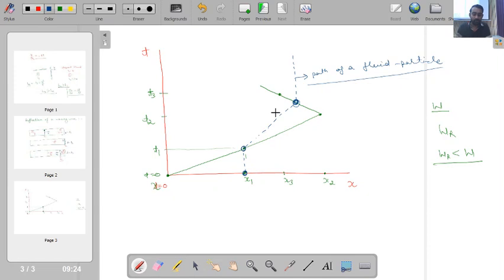Similar thing you can apply for any fluid particle. The only thing is that its initial location x1 and the final location at which it interacts with the reflected soft wave will be different. Is this point clear?